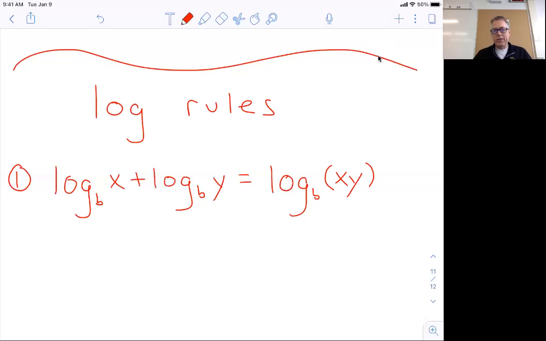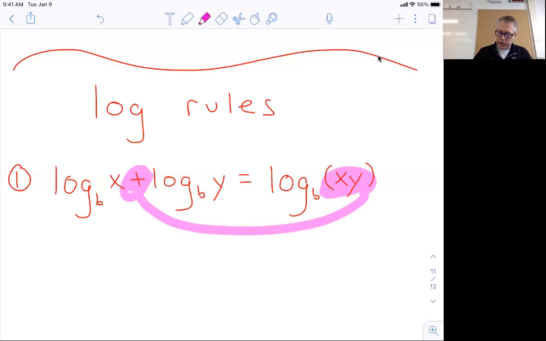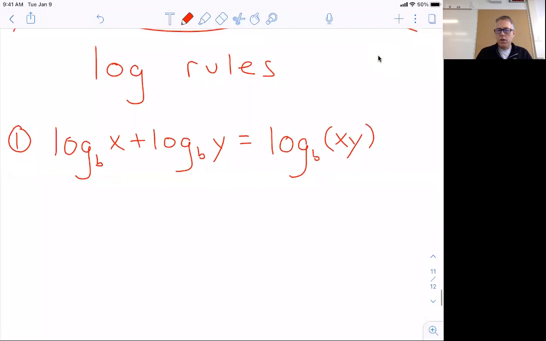So if we condense it, the addition becomes multiplication if we condense it into a single log. And I'll give a lot of examples of these in just a minute.